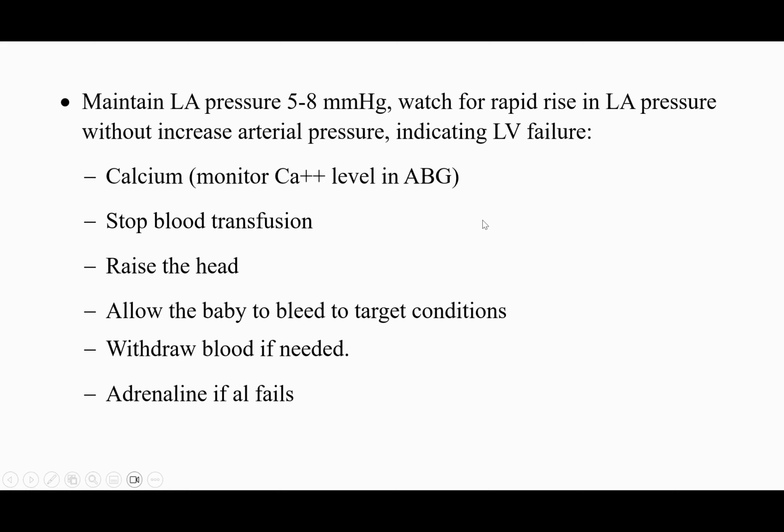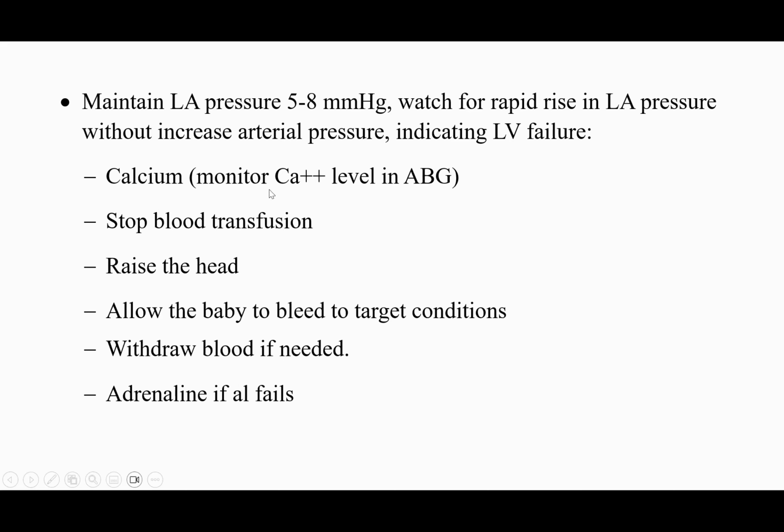So we give calcium. Throughout the period of hemostasis, calcium falls and we replace it, and falls and replacement. With this fall, blood pressure and LV function fall. So we give calcium to replace the calcium and improve the inotropic state, the LV contractility.